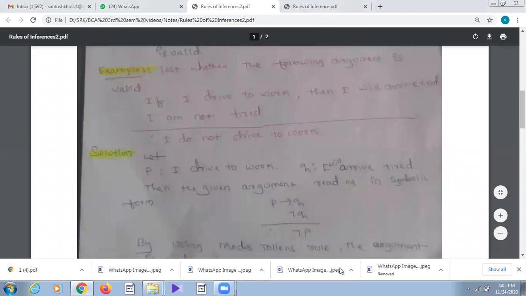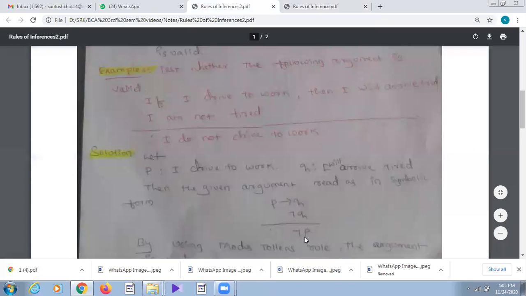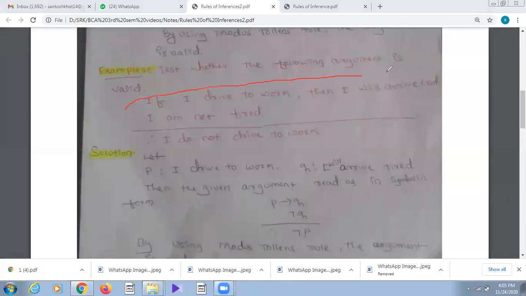See here: P then Q, negation Q below, and conclusion negation P. This is the same problem, same modus tollens. So by using the modus tollens rule, we can say that this whole argument is a valid argument.